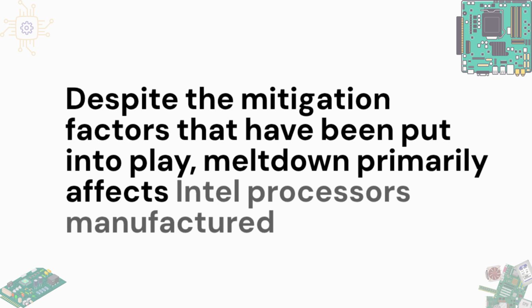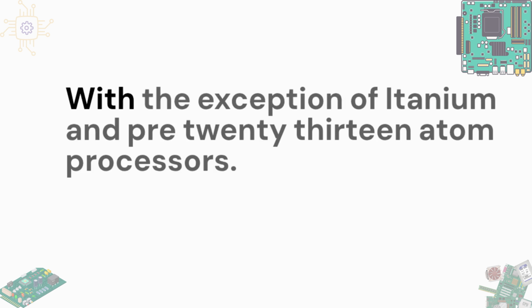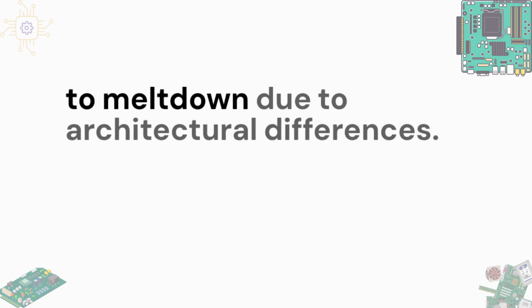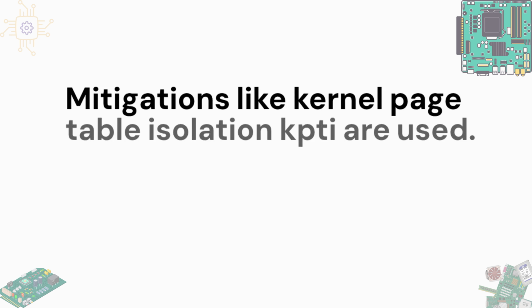Meltdown primarily affects Intel processors manufactured since 1995, with the exception of Itanium and pre-2013 Atom processors. Some ARM-based processors are also affected, but AMD processors are not susceptible to Meltdown due to architectural differences. Mitigations like kernel page table isolation, KPTI, are used.